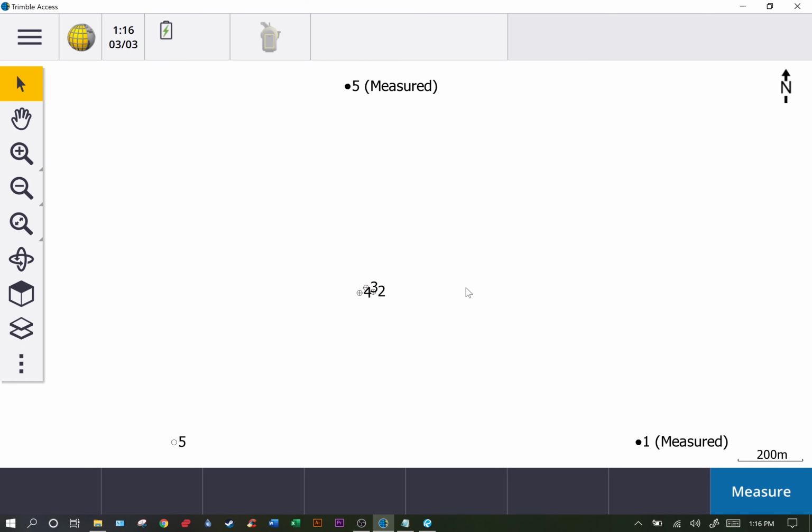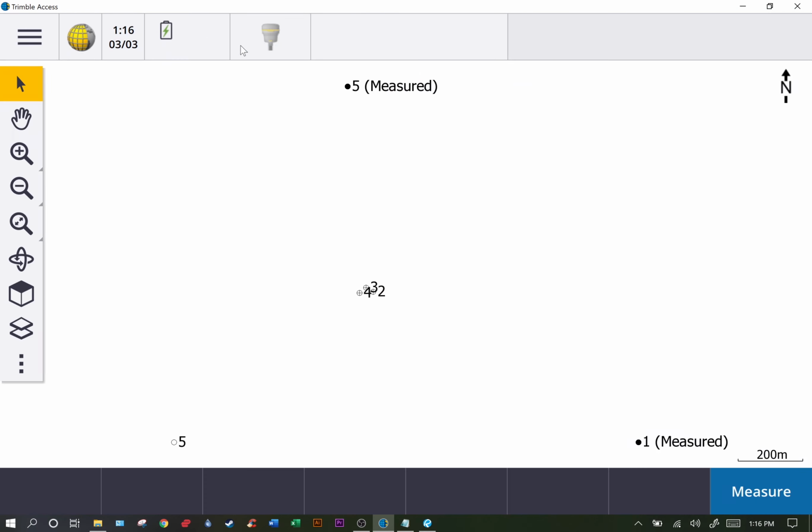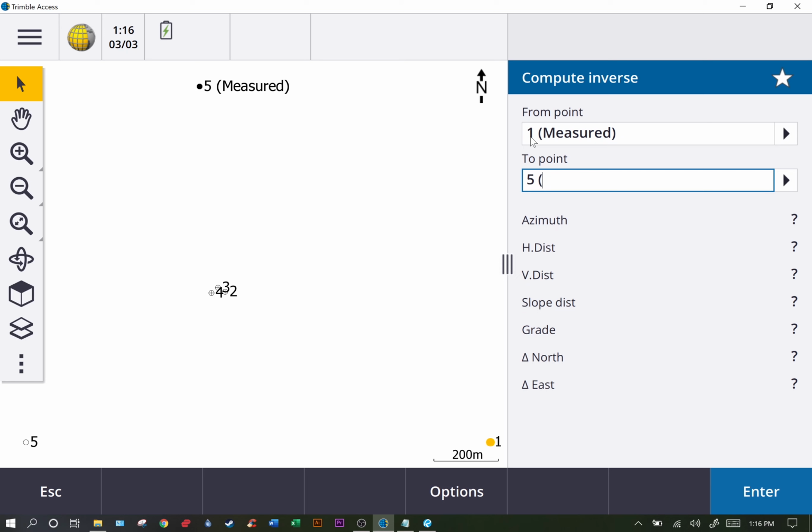So the next thing I have to do is compare my azimuth between my start point and my calc point, and my start point and my actual point. So I can go to COGO, compute inverse. I'm going to do my actual first, so I'm going to go from point 1 measured to point 5 measured.